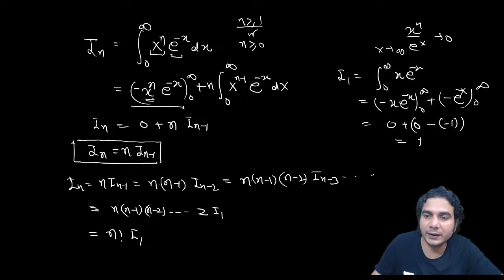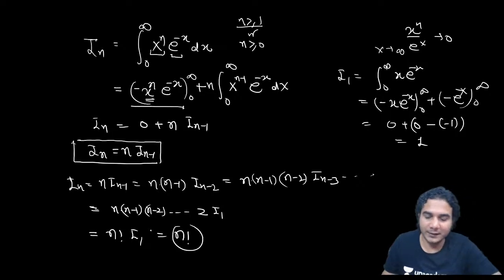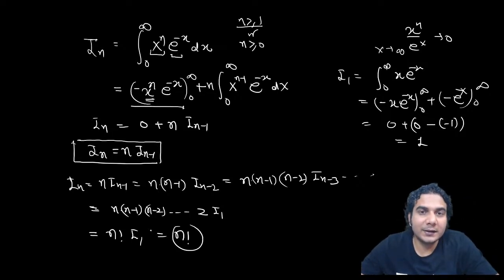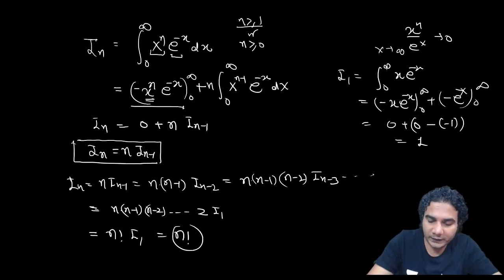So it is plus 1, right? Finally, it is nothing but n factorial, right? That means I3 is 3 factorial, I5 is 5 factorial, I6 is 6 factorial. In that way, you can find the value of this integral easily. So I hope you're getting it. So this was the reduction formula as well as the answer.